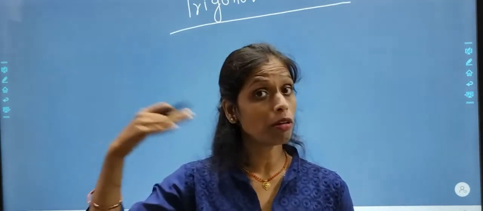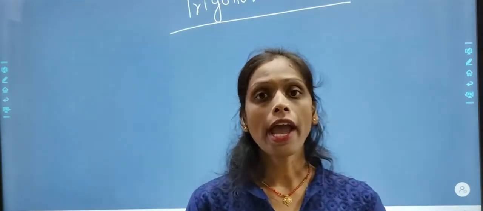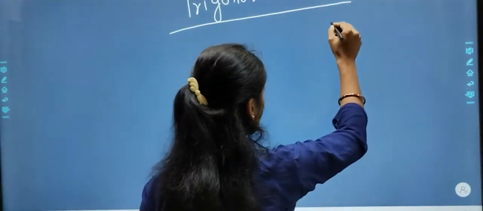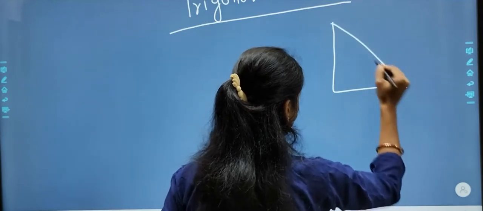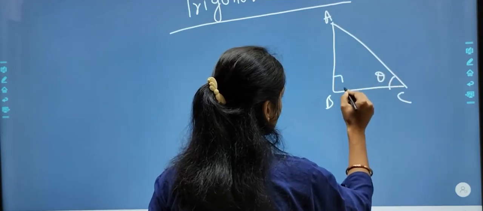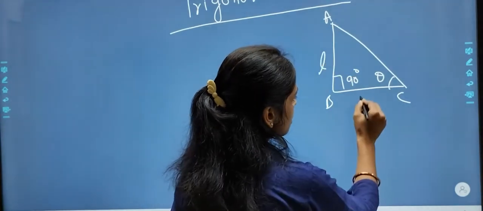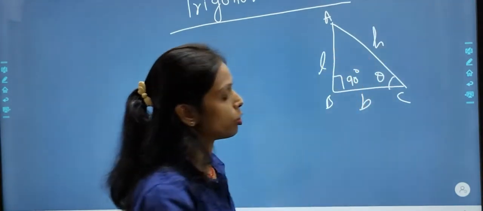six trigonometrical ratios that you have learned in 9th and 10th class: sine, cos, tan, cosec. Okay, and sine theta is a ratio of perpendicular and hypotenuse, with regard to the angle. Like if I talk about a right angle triangle ABC, and this is theta and this is 90 degrees, then this is the length, this is the breadth, and this is the hypotenuse.